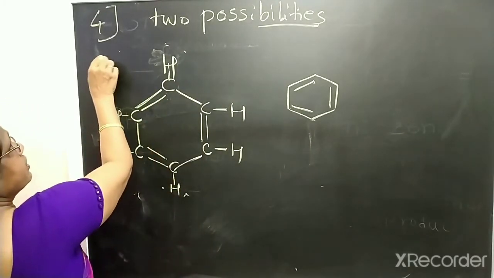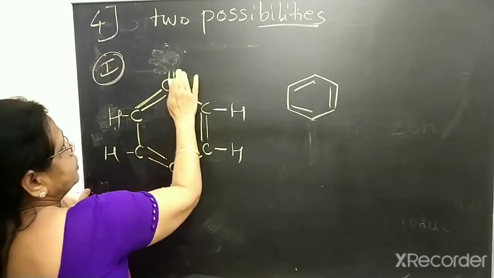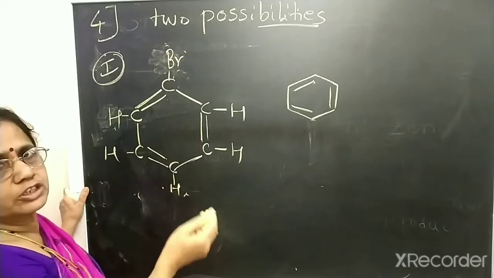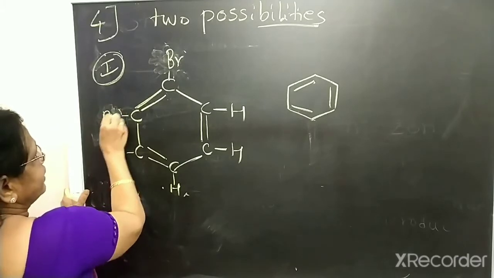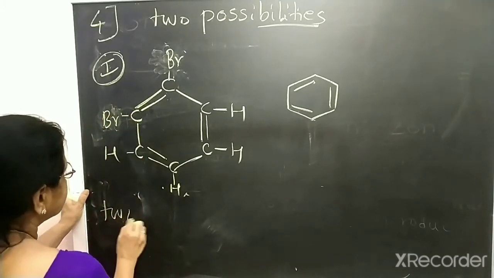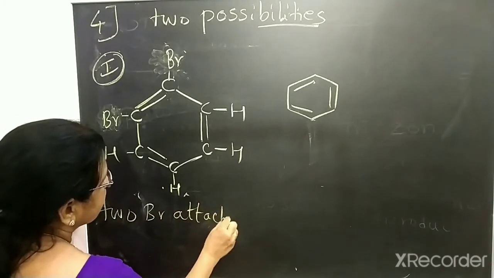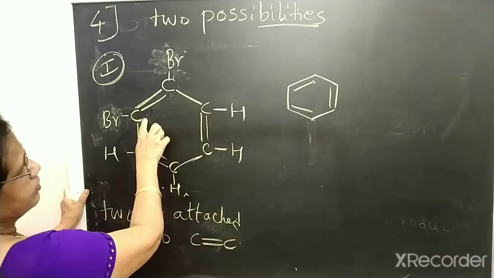In the first structure, if the 2 substituents are bromine, then the 2 Br are attached to the carbon-carbon double bond.